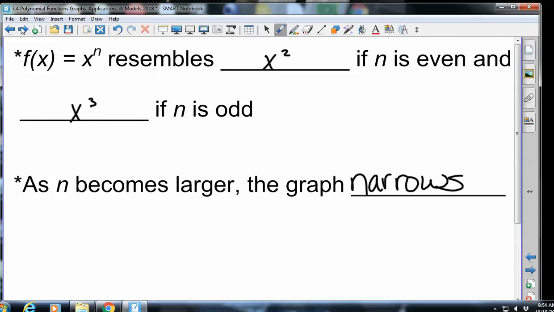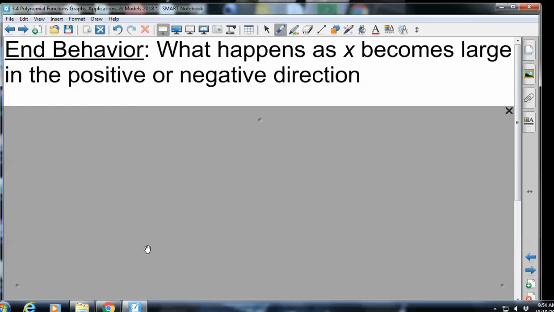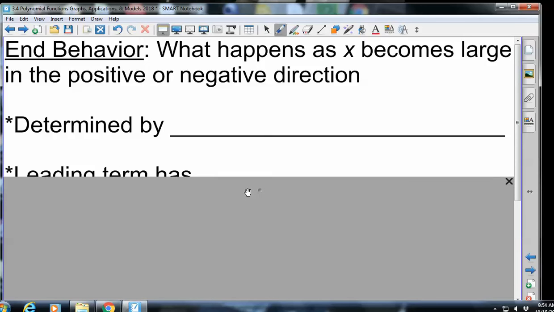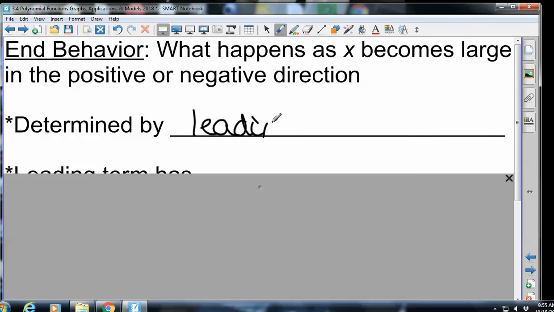Alright. So our end behavior is what happens as the graph becomes large in the positive or negative direction. It is always going to be determined by the leading term. So that's just the term that has the highest degree.